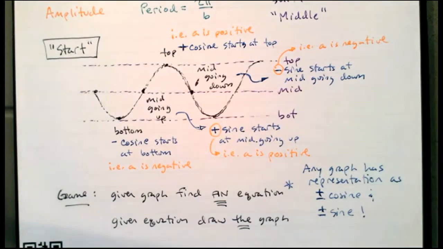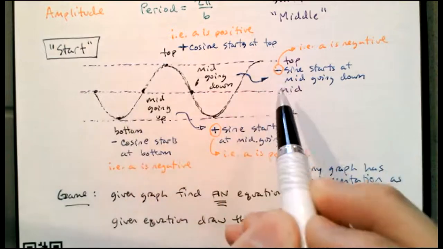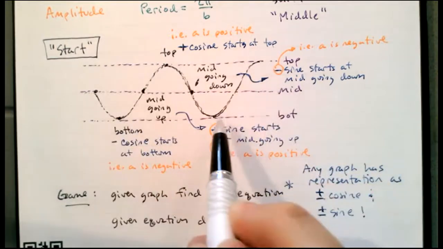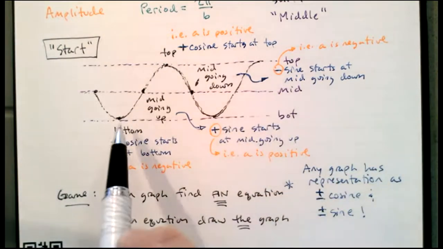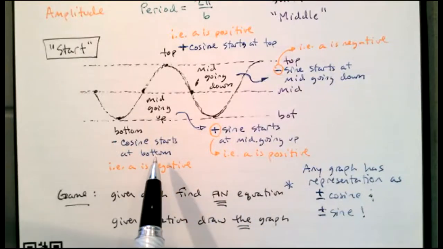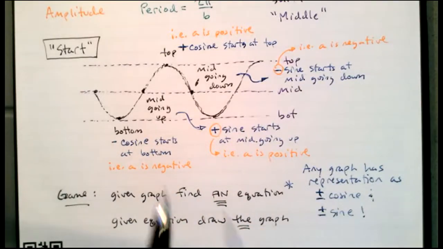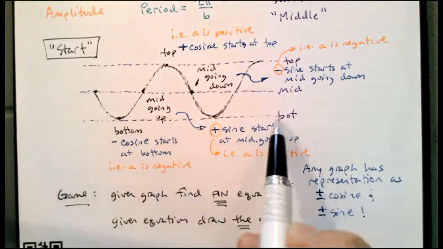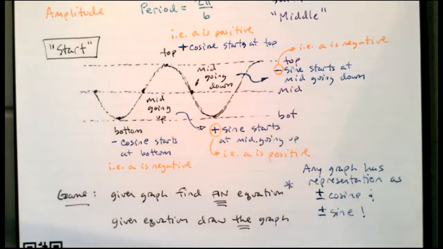Also notice that since the graphs are cyclical, there's a bottom here. There's also a bottom here. So if we start at the bottom, we can write an equation for the graph in terms of negative cosine. But we have an infinite number of choices about how we represent the graph with negative cosine. Similarly, positive cosine, positive sine, negative sine.